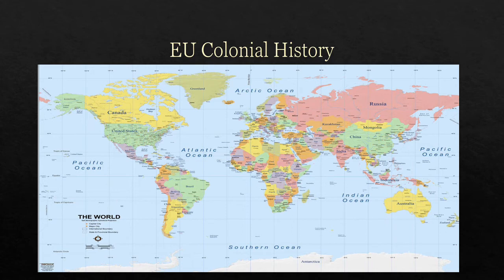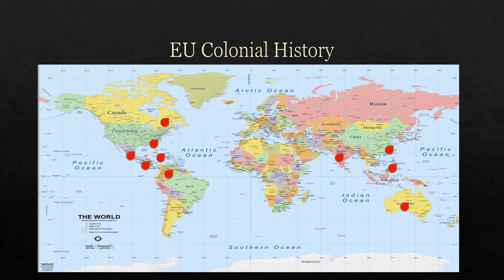Some major examples are the Spanish in Central America and the Caribbean and South America, the English in India and the Far East, Australia and everyone in America. In Canada, you have a lot of French influence and colonies.